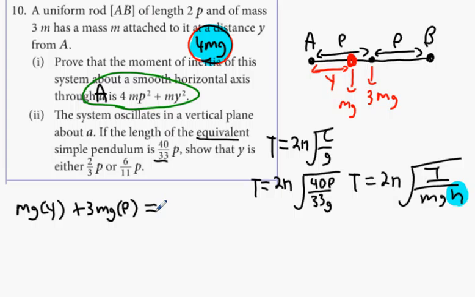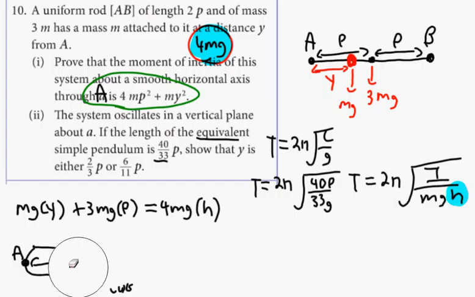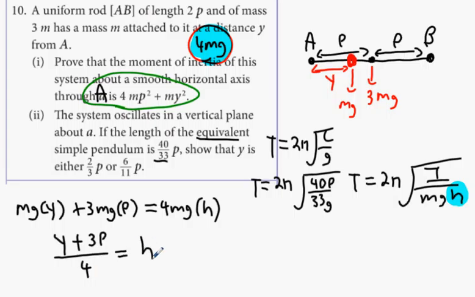Remember, we're treating this system up here as a pendulum rotating around A. It has a new center of gravity, a distance h away. So it's going to be equal to 4mg times h. We've got to isolate h. All the mg's will cancel. So I'm just going to get y plus 3p all over 4 equal to my h value.